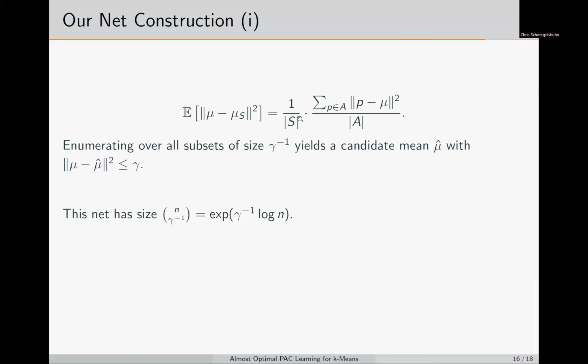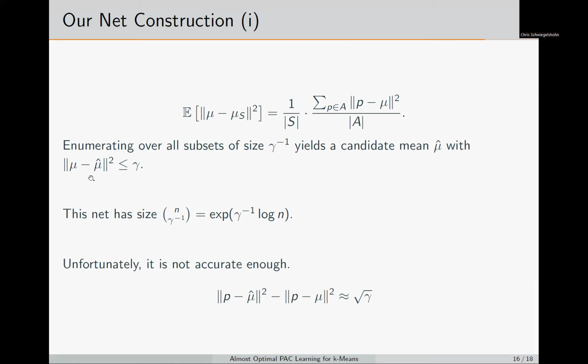Now the net for this one candidate solution is going to be of the order n choose gamma to the -1, which is roughly e to the gamma -1 log n. And you're going to now compose this for all k candidate solutions. There is a problem though. By itself, this already looks very promising because it has this nice gamma to the -1, but it is not accurate enough.